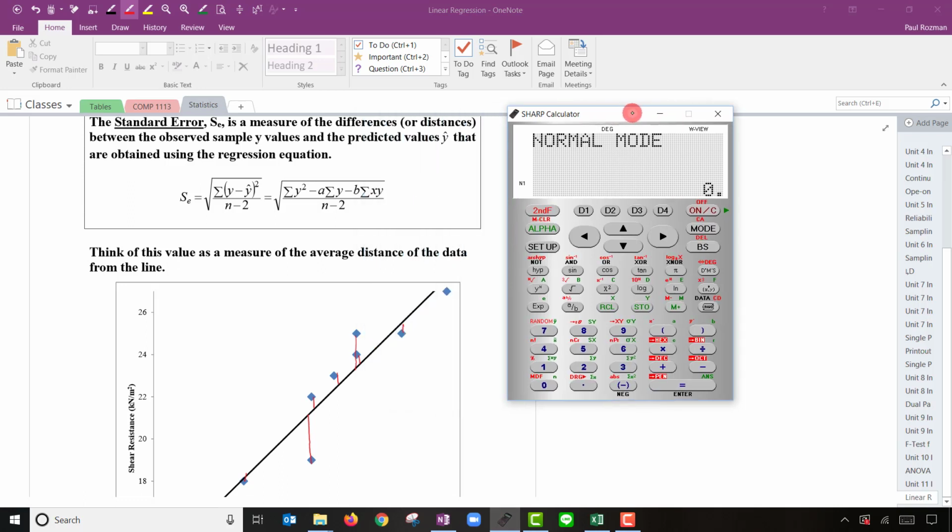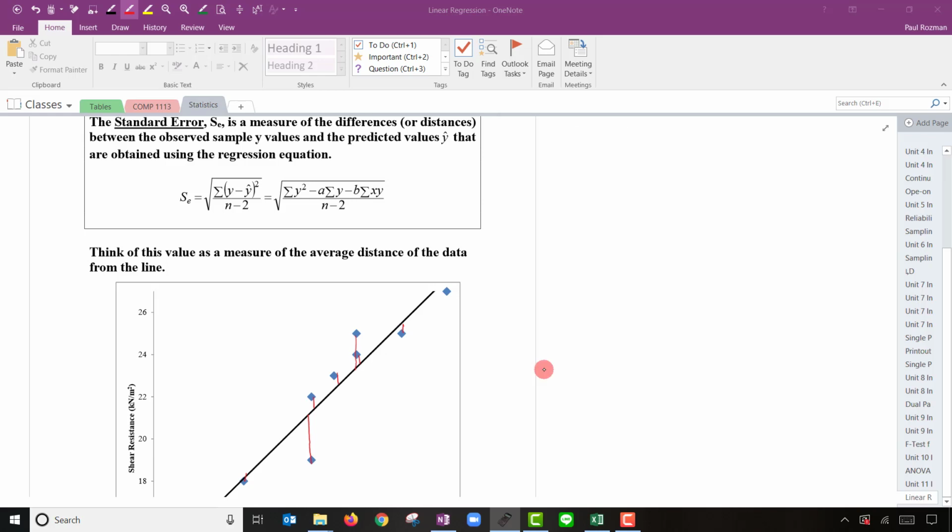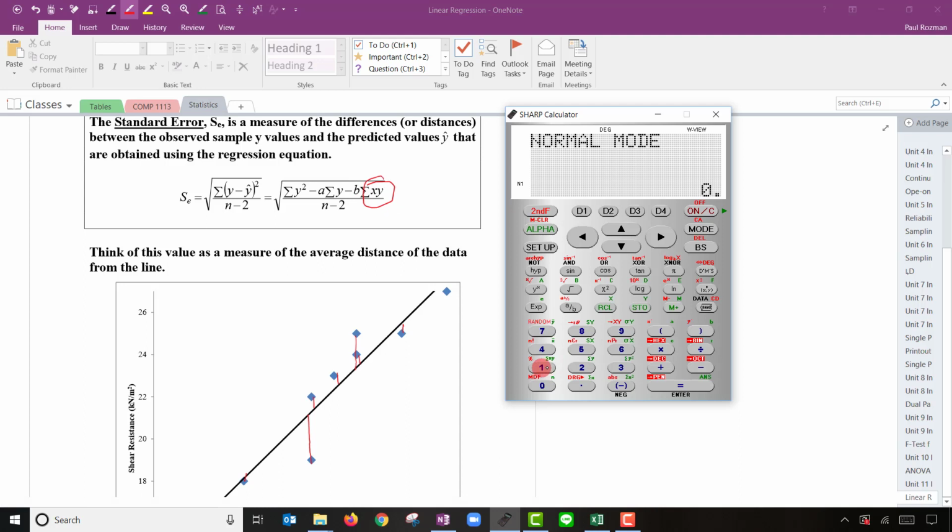the buttons for the sum of the xy. This part of the equation is on your calculator under button 1. So you say alpha 1. Oh, I lost my mode. Must have turned off my calculator. So mode 1, linear.